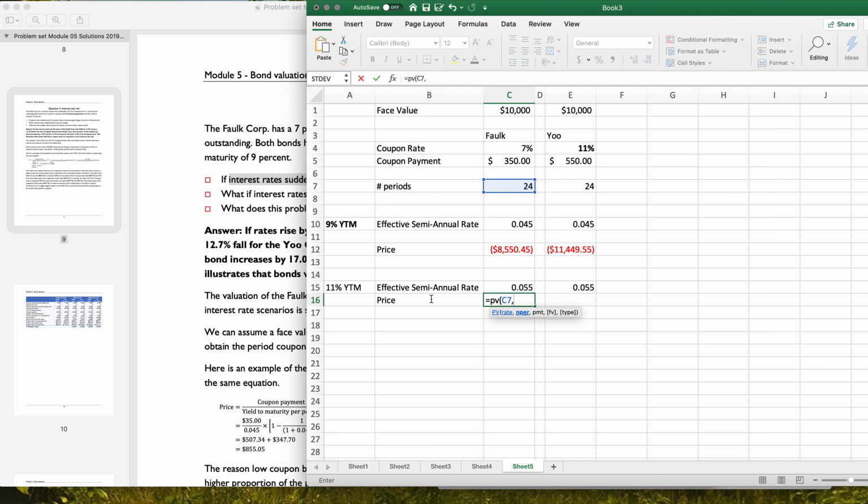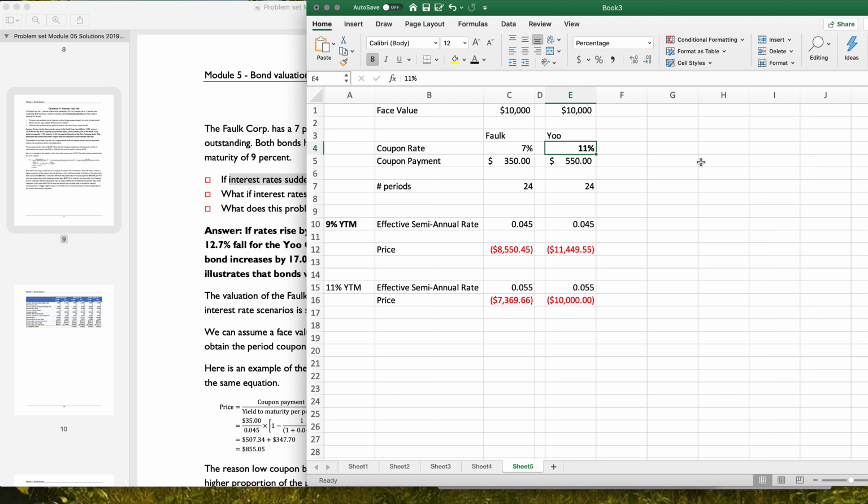The rate is this, the number of periods is that, the payment is $350. The future value is 10,000. And lo and behold, it is $10,000. So remember when we said you make a bond and it comes out on the first day and the interest rate is 11%, that's the only time it'll trade at par.